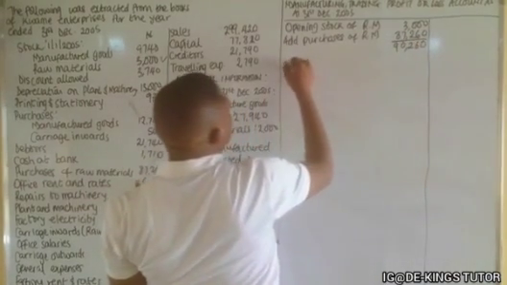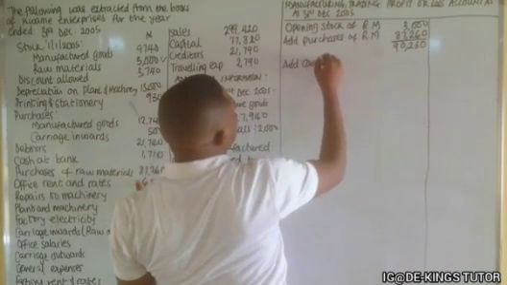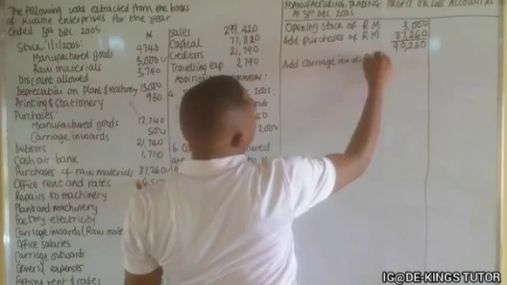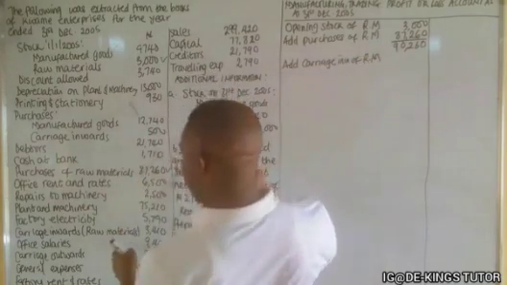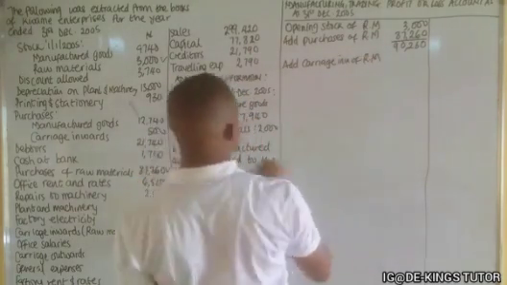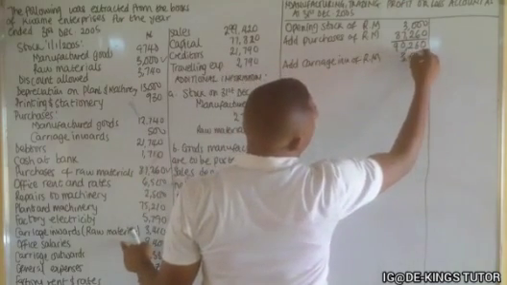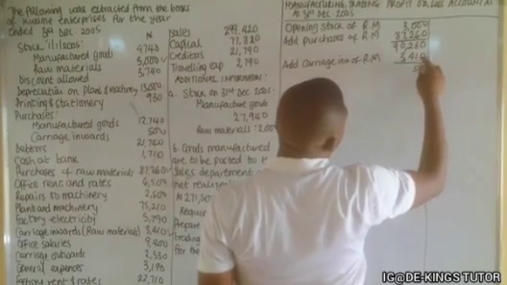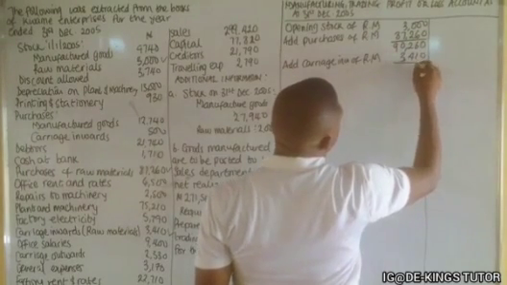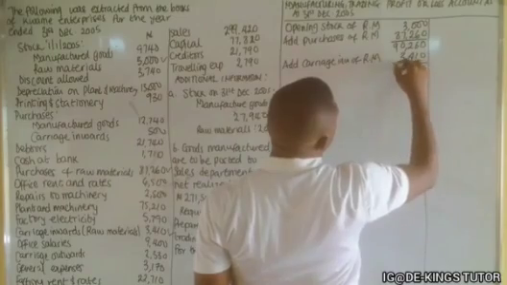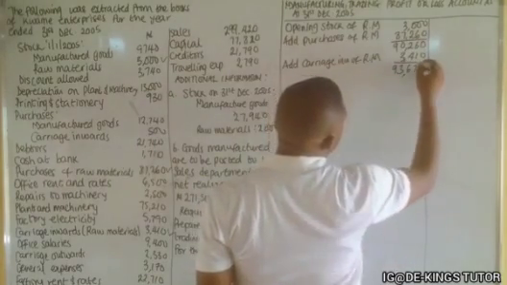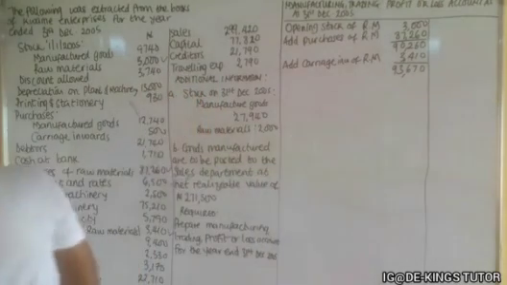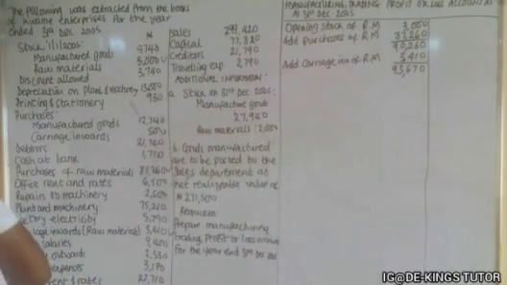We also add carriage inwards of raw materials. Let's see if there's carriage inwards. That's 3,410. So the total is 93,670.